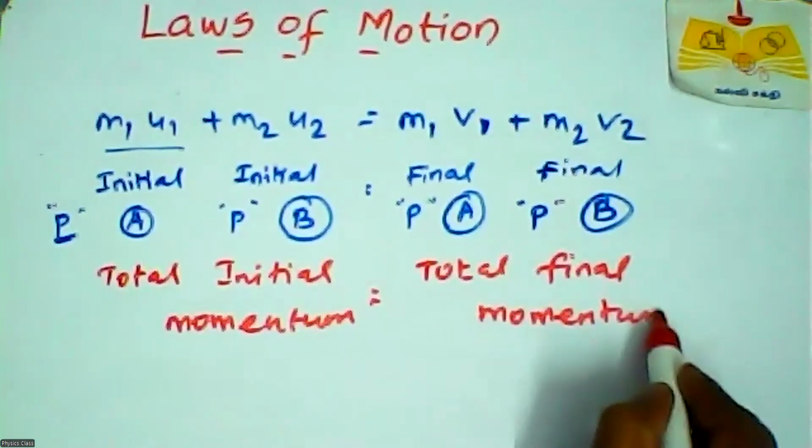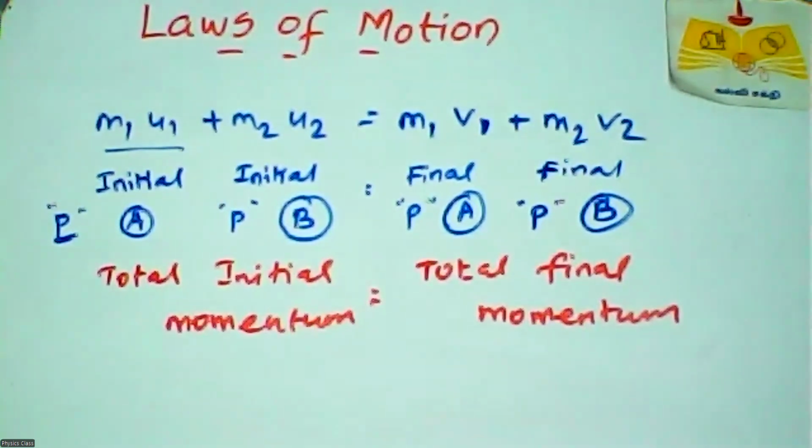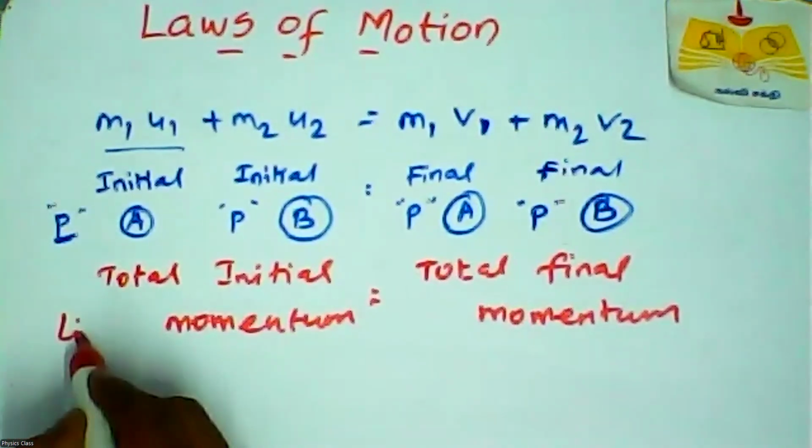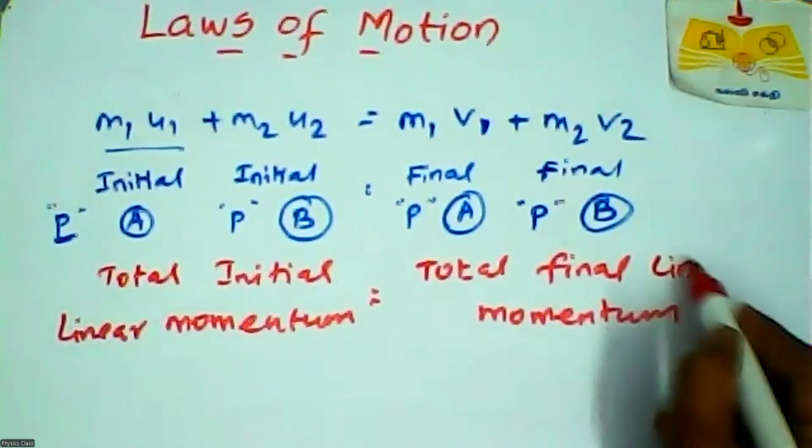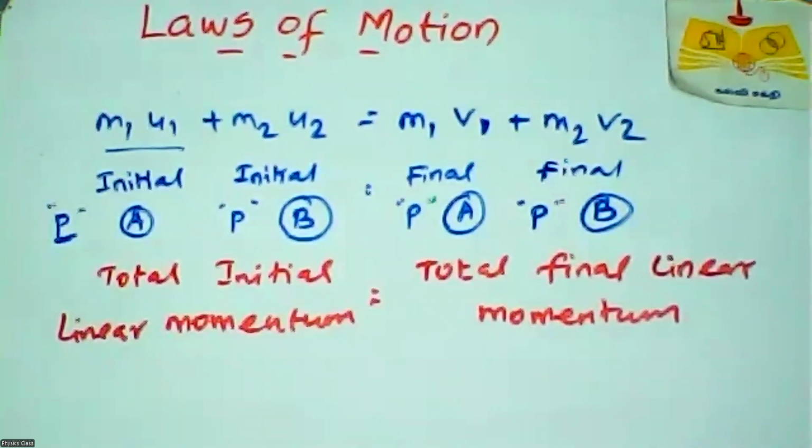This is the consideration of linear momentum. Also, we can write here linear. Linear means straight direction. So the object after the collision always goes in a straight line direction.